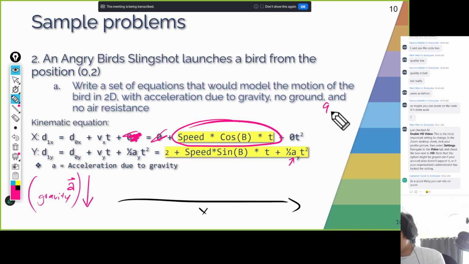So if gravity is 9.8 meters per second squared down, then this is going to be 9.8 divided by 2, which is not 4.5, it's 4.9. So this is going to end up being about 4.9, half of gravity. Okay, cool.